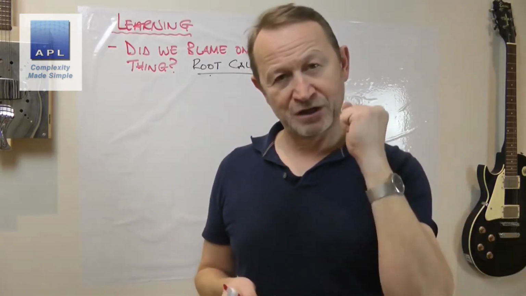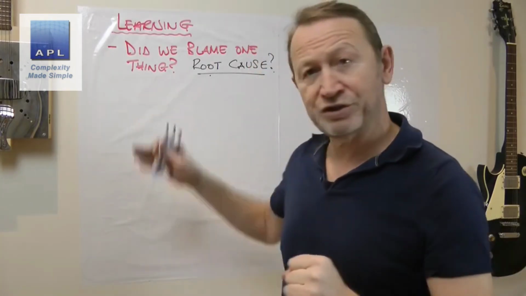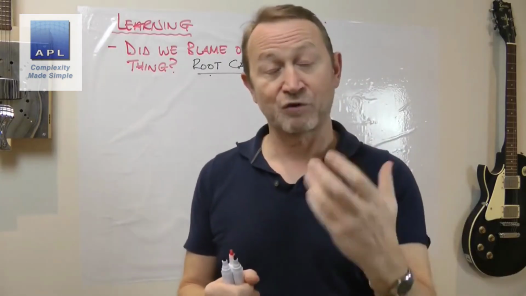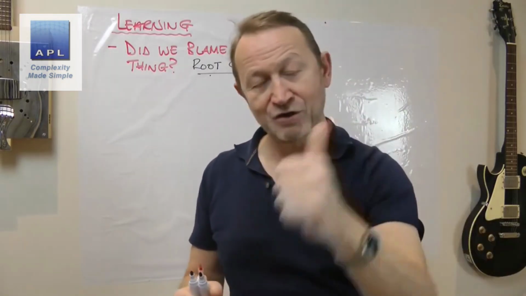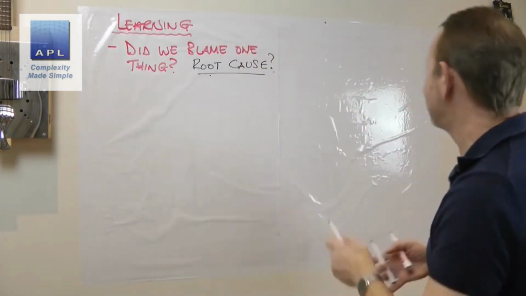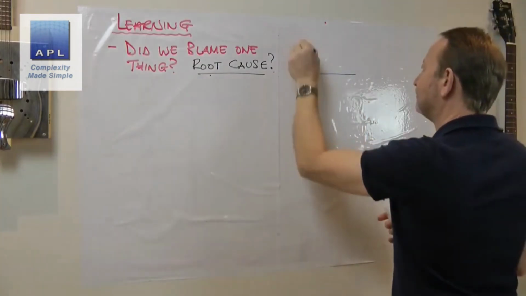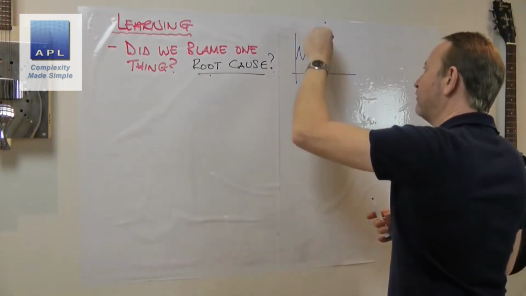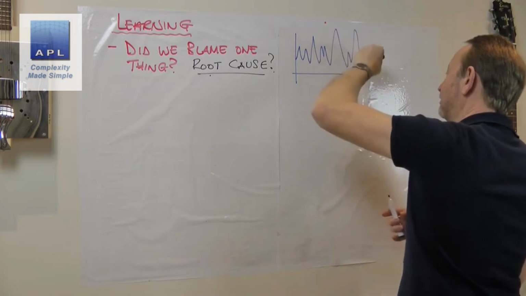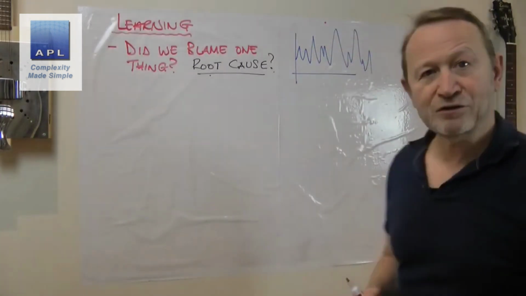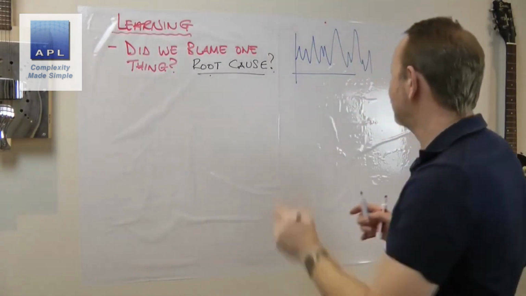Okay, now this first learning point here goes to the heart of what we talked about earlier: chaos, control, excellence. This process was in a state of chaos. When we were firing the catapult, we were getting this wild, unpredictable result.